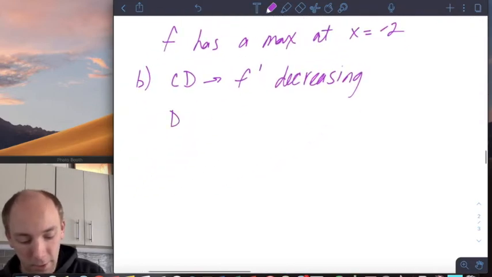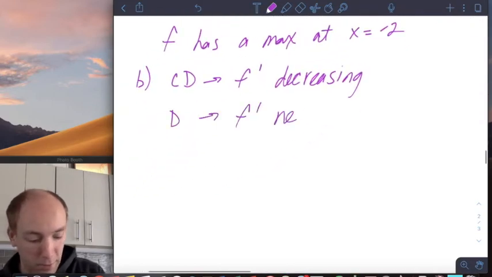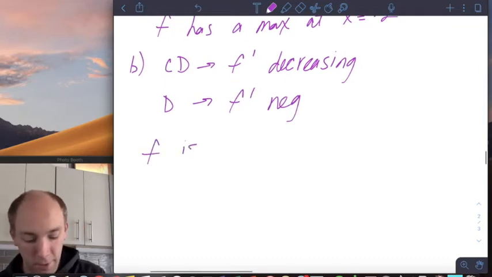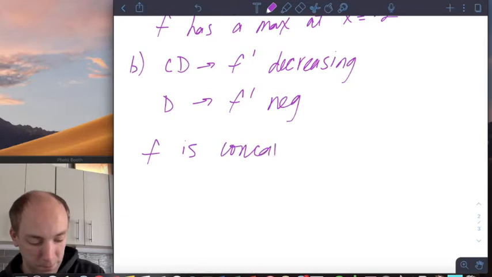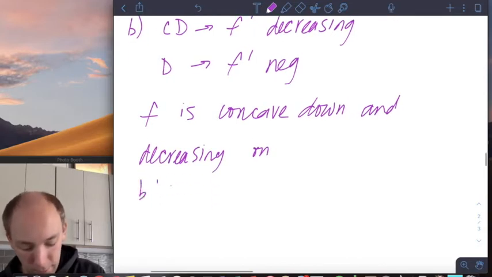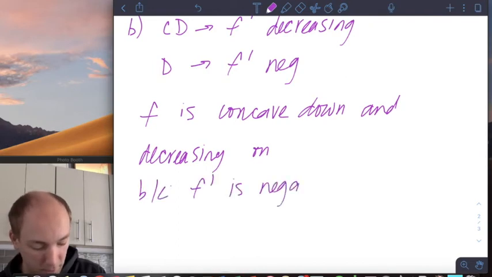I'm decreasing when f prime is negative. So f is concave down and decreasing on some intervals because f prime is negative and decreasing.